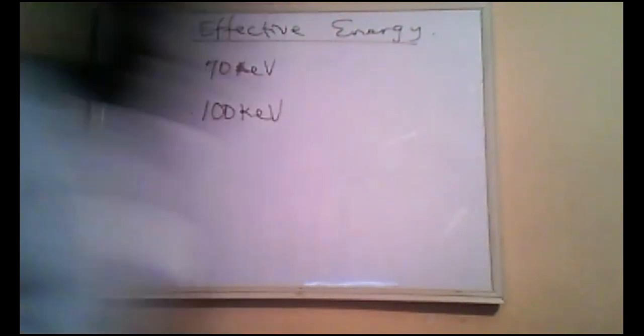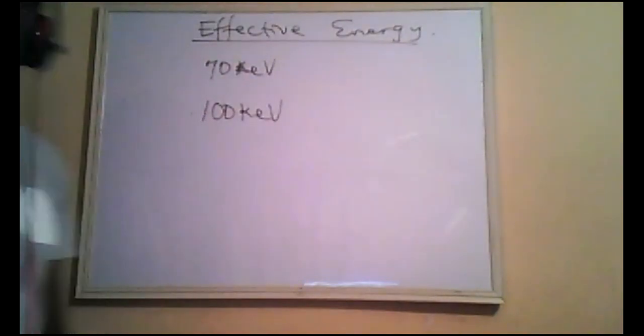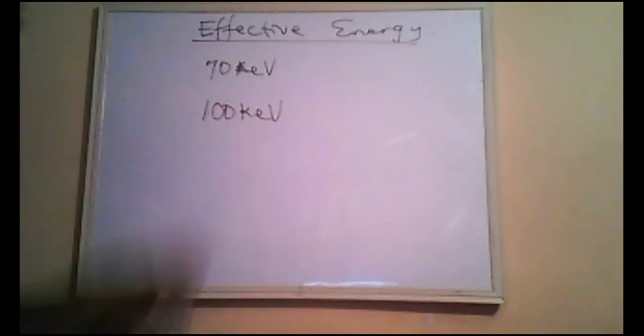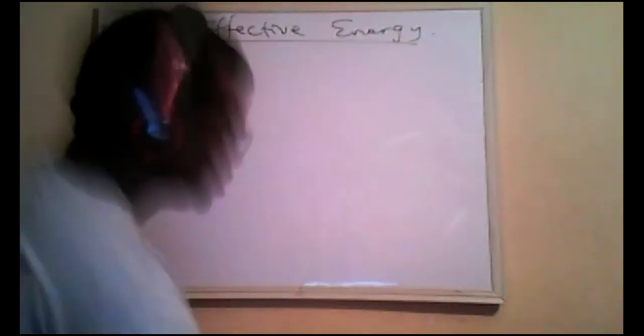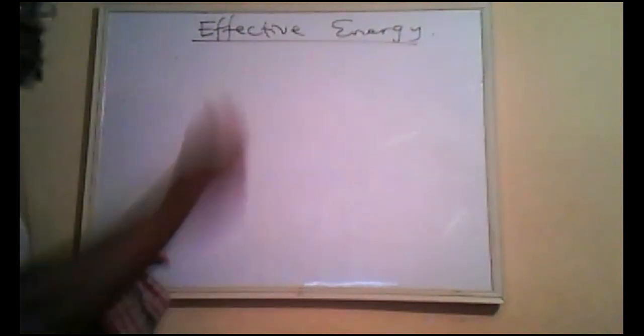So the more the keV, that's why the keV is the unit that discriminates between energies. Just for us to know, this is going to help us in the next subtopic, which is beam hardening.